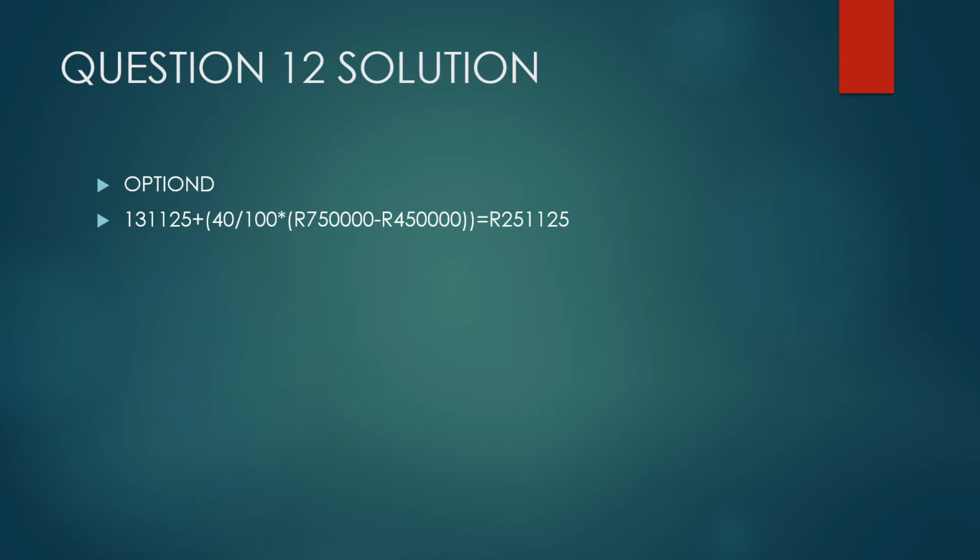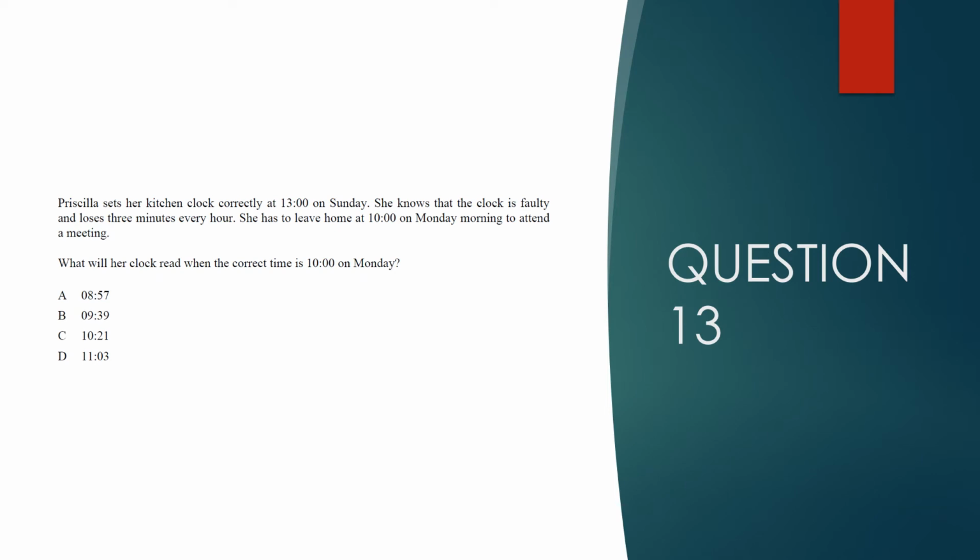You just punch it the way it is, and it will take you straight to the answer: 131,125 plus, in brackets, 40 over 100 times, in brackets, 750,000 minus 450,000, and then you close the brackets. Guys, the brackets are very important because they tell your calculator how you want your calculations to be done.